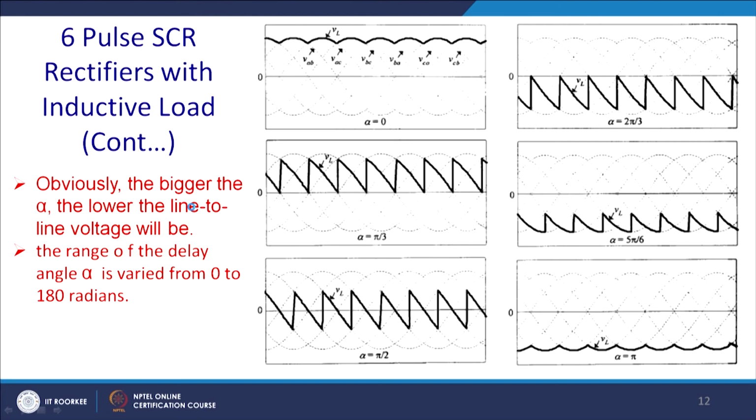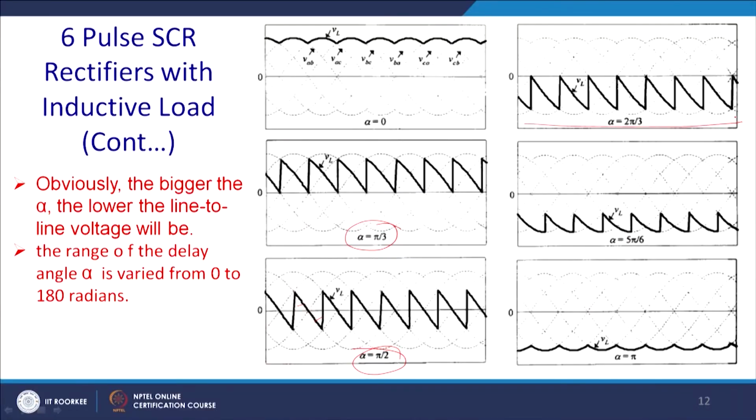Ultimately you have, this is your load voltage for alpha equal to 0 for first basics, and this is the case for alpha equal to 30 degree, still you have a continuous conduction mode, and this is alpha equal to 90 degree where you have a 0 load voltage, because you can see that the positive area and the negative area are the same, and thus you are essentially not taking any power from the grid side.